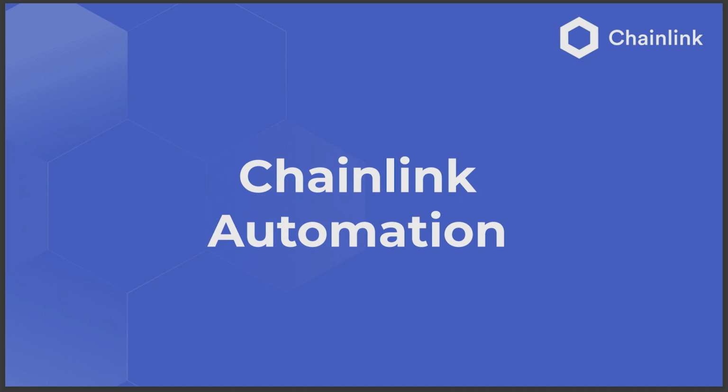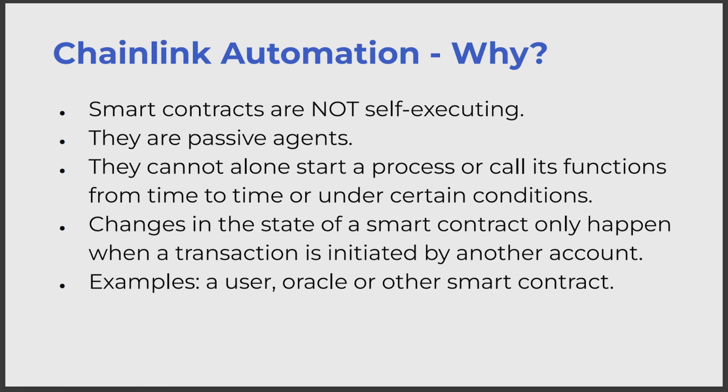And let's go to Chainlink Automation. This is another service. And why do we need automation? The smart contract itself cannot call itself. We used to say that this is a passive agent. It means that if you'd like to execute something inside the smart contract, to call a function in a smart contract, you need to have an external agent doing that.